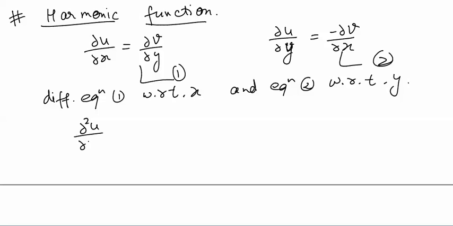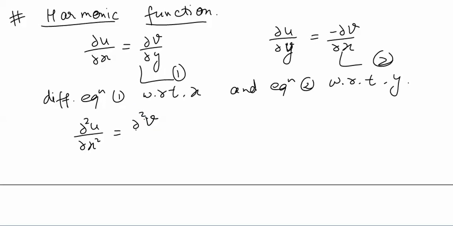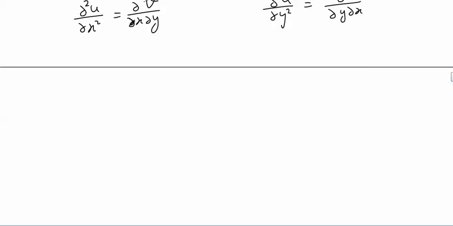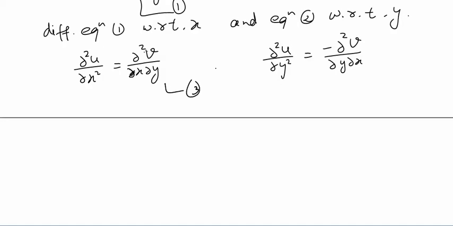The left hand side will become del square u upon del x square is equal to del square v upon del x del y, and this side we get del square u upon del y square is equal to minus del square v upon del y del x, right? Now let us call these equation number 3 and equation number 4.